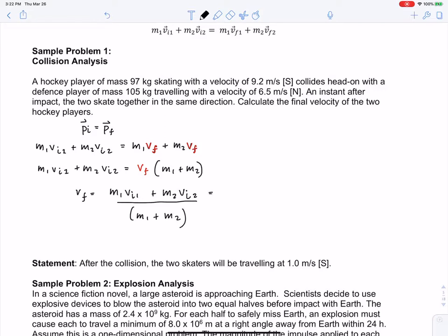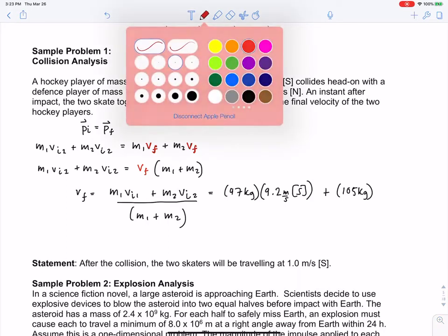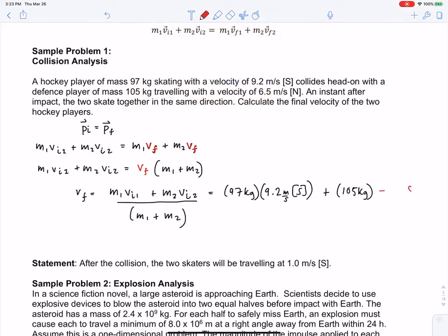We get m1 vi1 plus m2 vi2 divided by m1 plus m2. We can sub and solve. m1 is 97 kilograms, v1 is 9.2 meters per second south, plus m2 is 105 kilograms. Now, the second velocity is 6.5 meters per second north. So what I'm going to do right off the bat is change the sign and the direction so that it matches the first, so we can compute this algebraically.